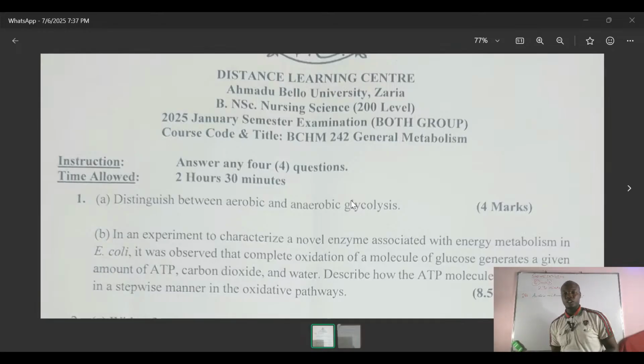So that is the first question, that we are to distinguish between aerobic and anaerobic glycolysis. So let me ask this simple question, please. Who can tell me the differences between aerobic and anaerobic glycolysis? Is there any idea?